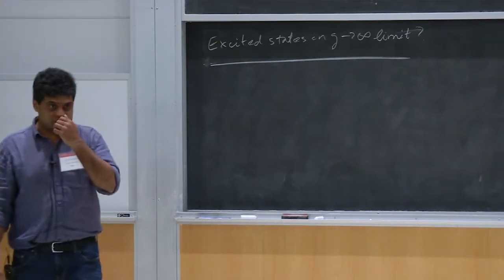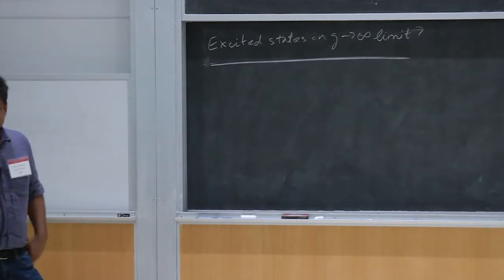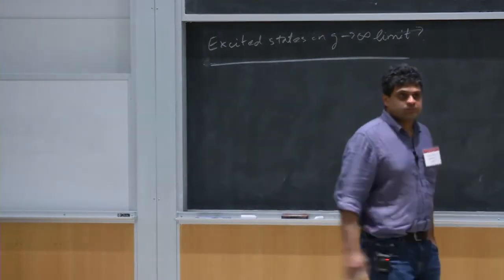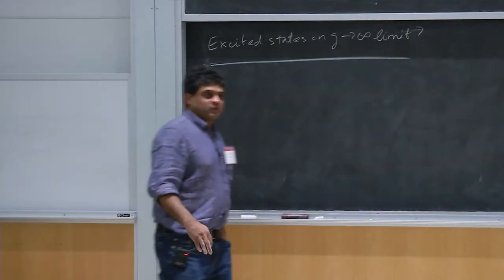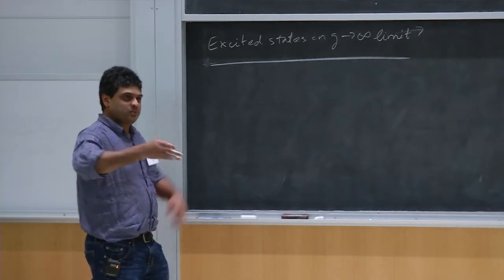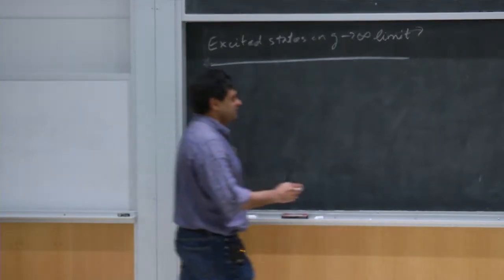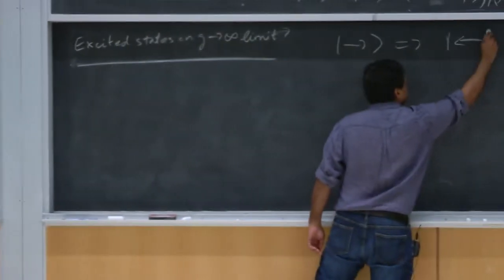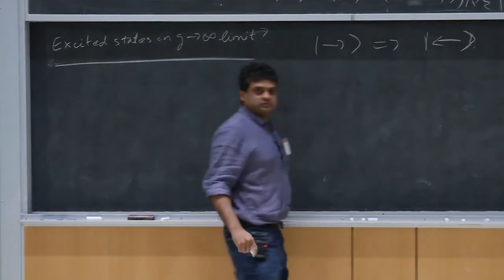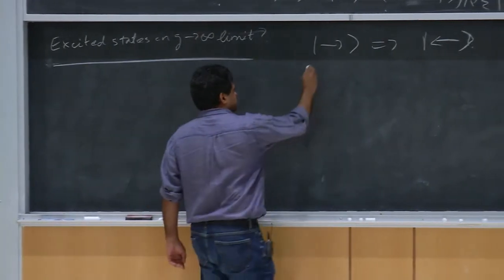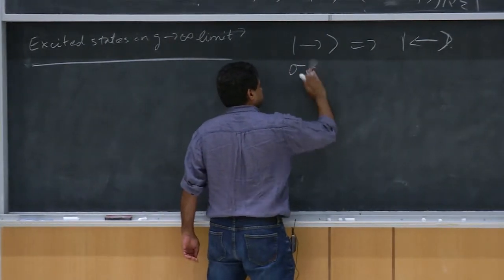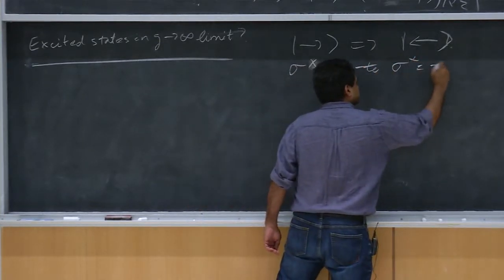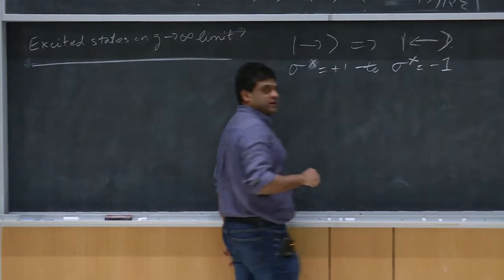Okay, so what is the first excited state in that model? I think you did something with your hands, which I think means you take one of the spins and flip it over. So you take a single site where sigma x is +1, and flip it over to sigma x equal to -1.